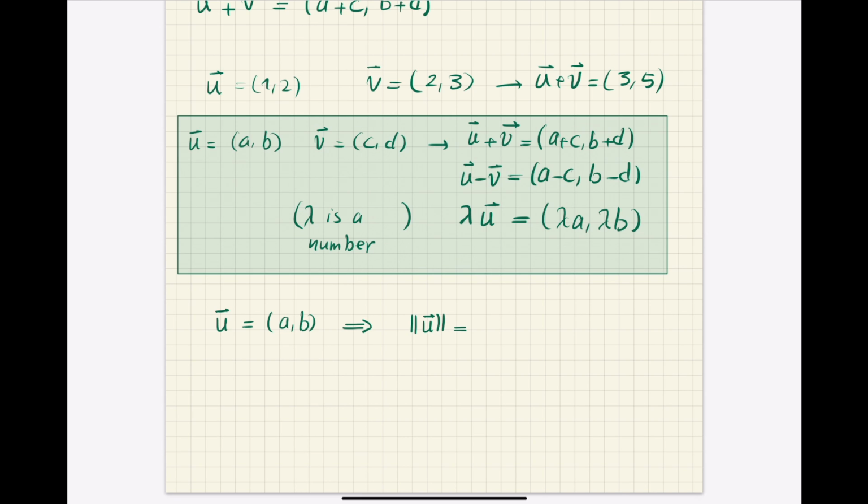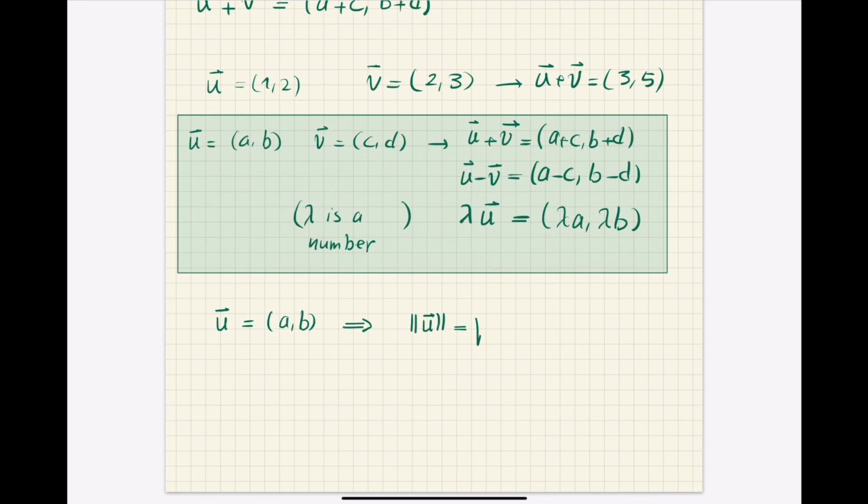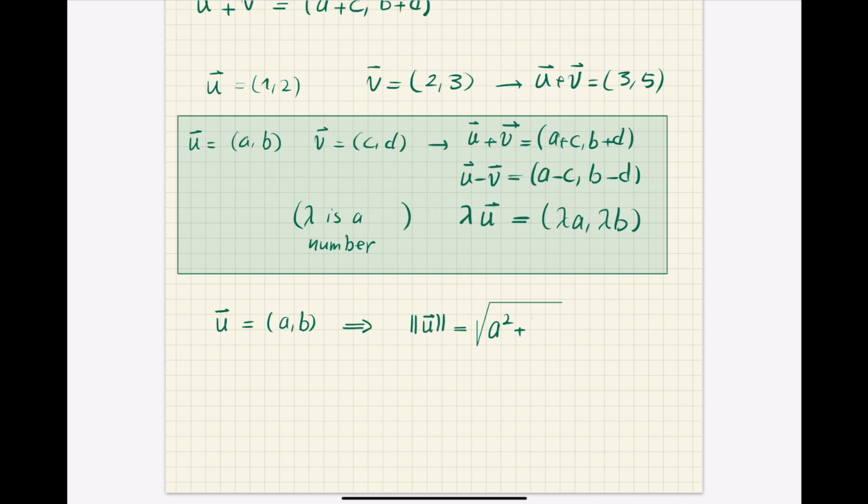Times? No, plus. Plus. You don't need to say norm. Norm, by the way, is not a good name for numbers. Norm of a means absolute value of a, but we don't even need absolute value here. Why? Because we raise it to power 2. So we don't need to be careful about that. So exactly what you said is correct. It becomes the square root of a squared plus b squared. That's also something that I want you to know.